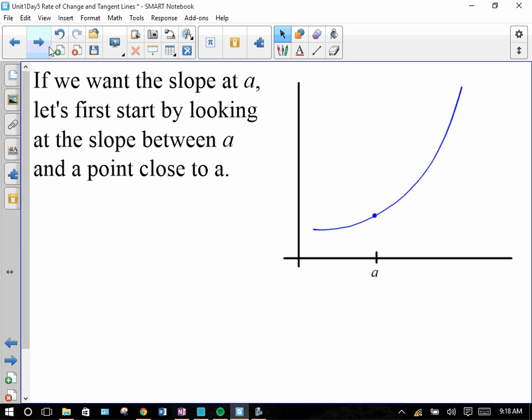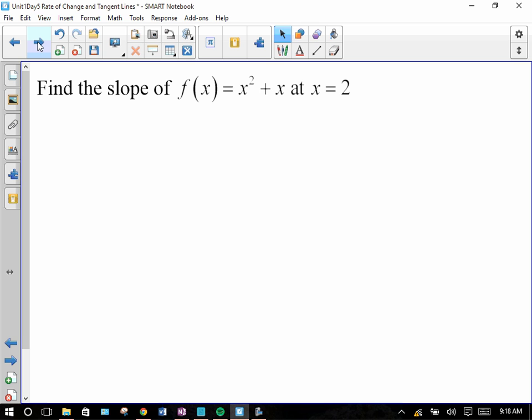So to do this again, you have this in your notes, I believe. It says find the slope of f of x equals x squared plus x at x equals 2.